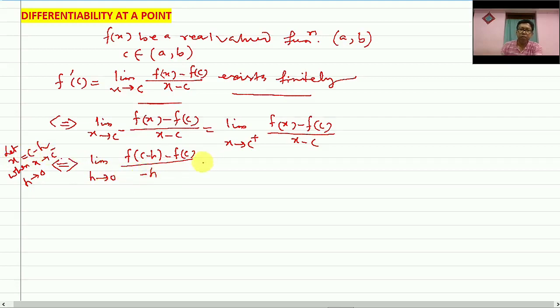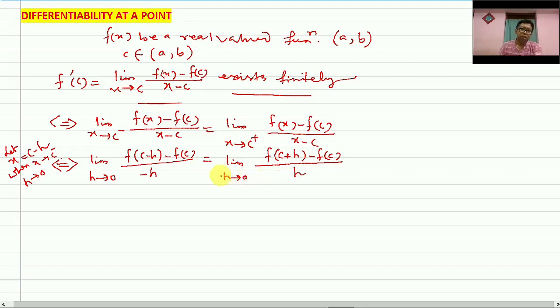Similarly, if you substitute on right side also, you will get limit h tends to 0, because on the right side you have to consider x is equal to c plus h, and after substitution you will get f of c plus h minus f of c upon h, isn't it?